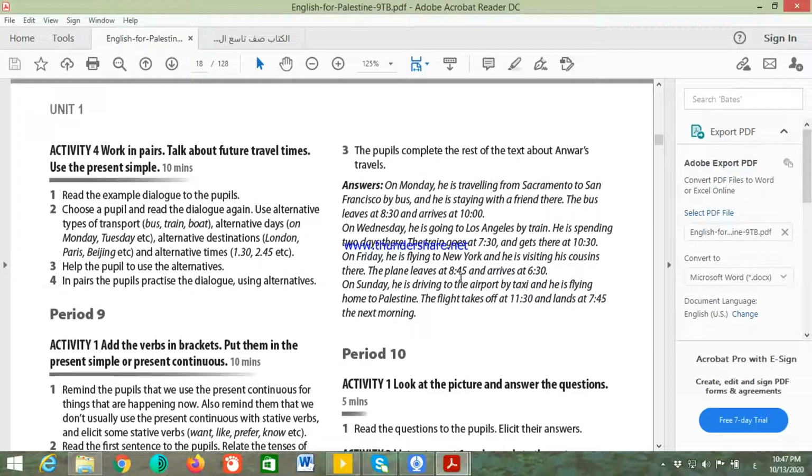The plane leaves at 8:45 and arrives at 6:30. On Sunday, he is driving to the airport by taxi and he is flying home to Palestine. The flight takes off at 11:30 and lands at 7:45 the next morning.